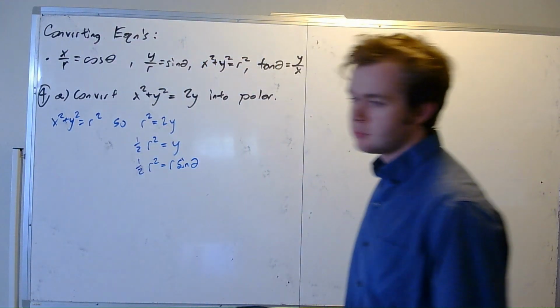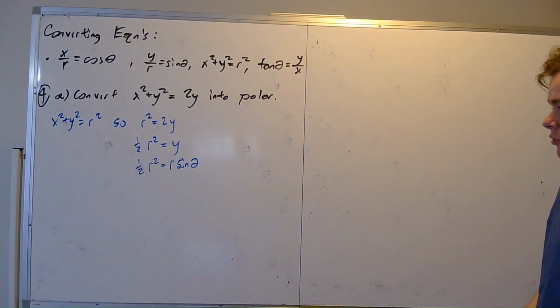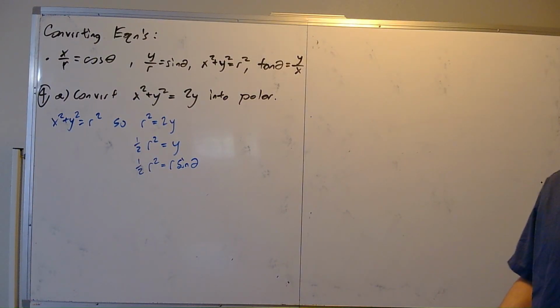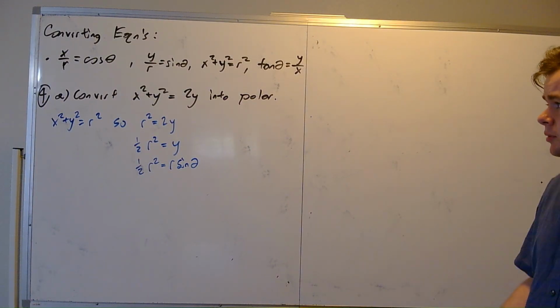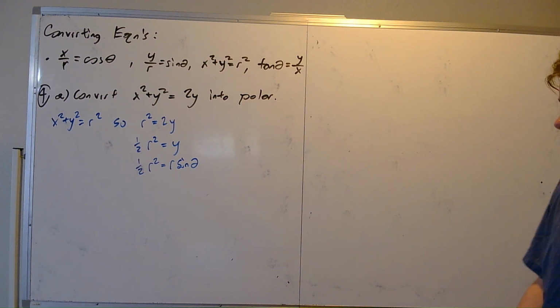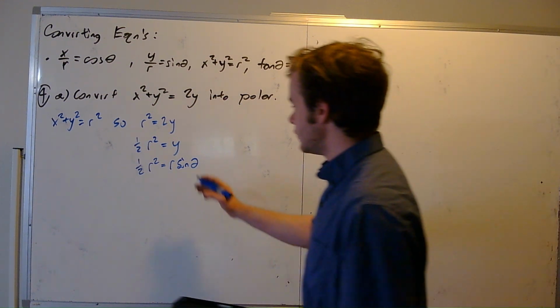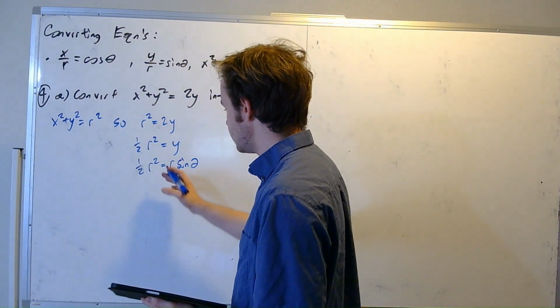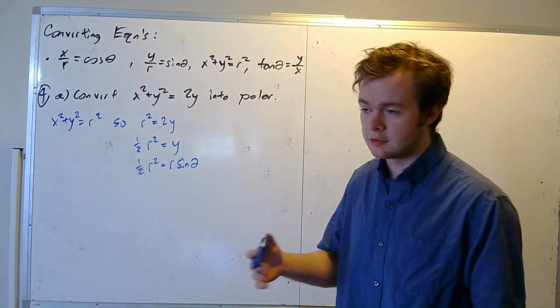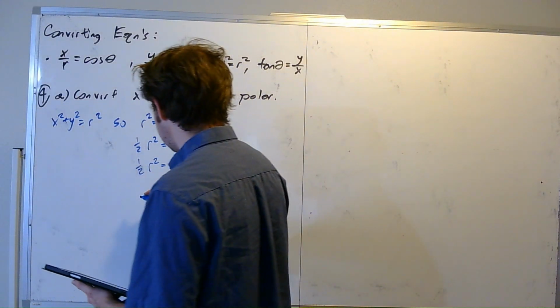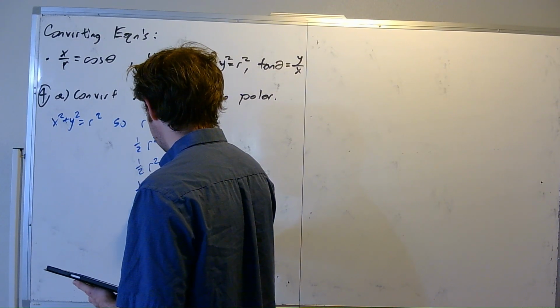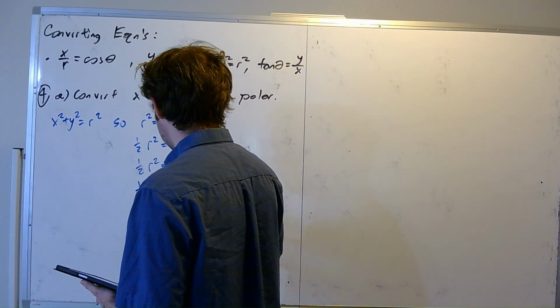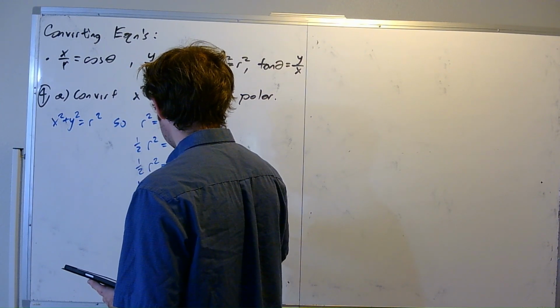And notice here we just want r on one of the sides, and normally we don't want to divide by variables because the variables could be 0, but we're going to assume our radius is not 0. So I'm going to divide both sides by r. So we get 1/2 of r equals sine of theta.